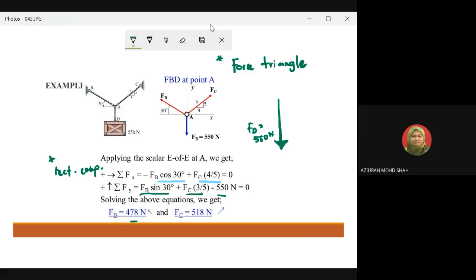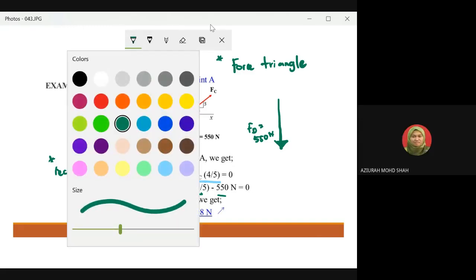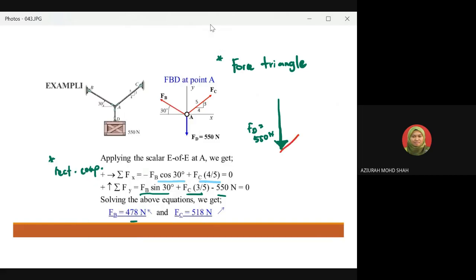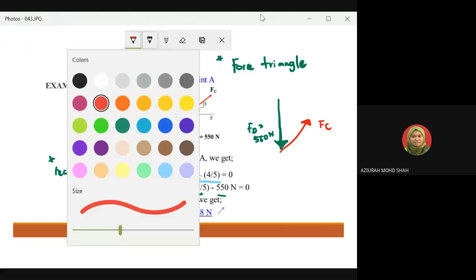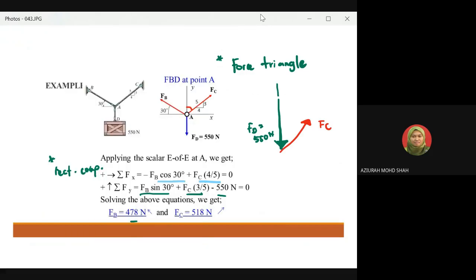FC, madam. Okay, kita sambung dengan FC. Kita sambung kat sini, head to tail. So sini FC. Untuk memudahkan kamu, can you find this angle based on this one? Sebab kita nak buat triangle kan, lagi mudah kalau kita dapat dia punya angle lah. Boleh dapatkan angle ni. Berapa angle dia? Tangent 4/3.